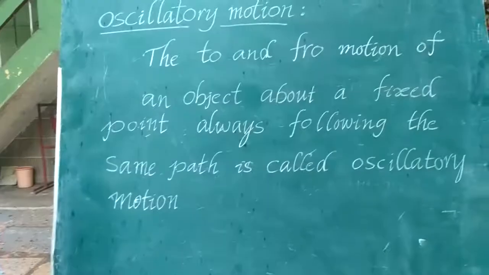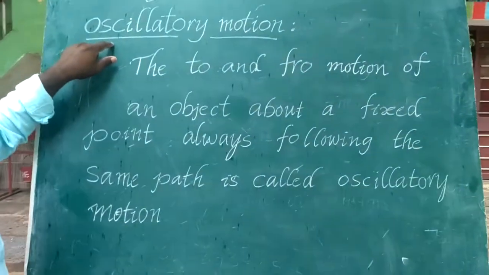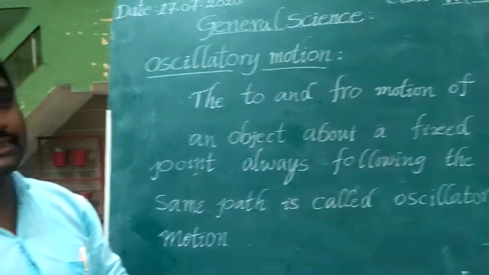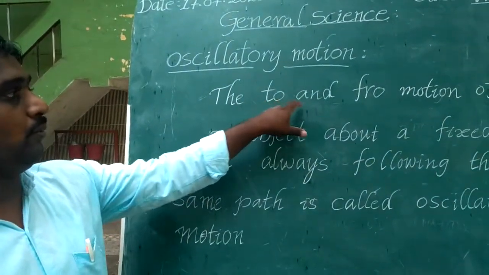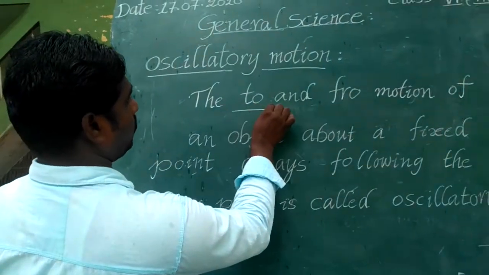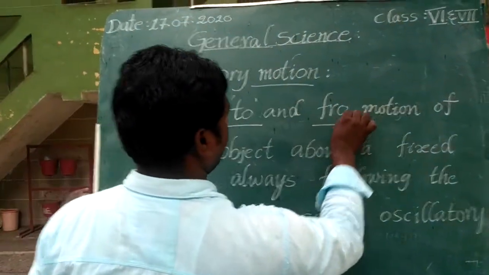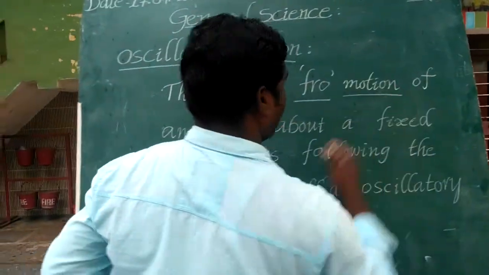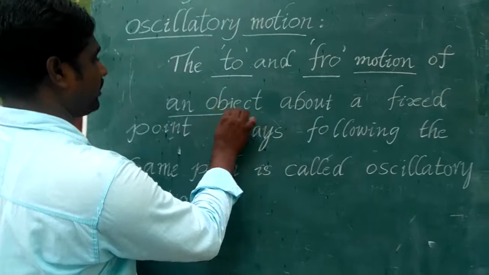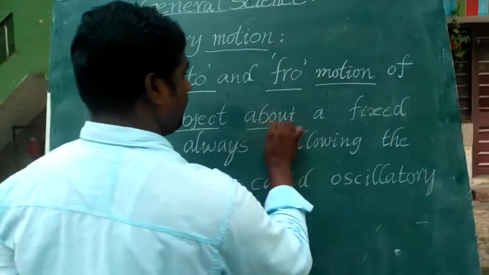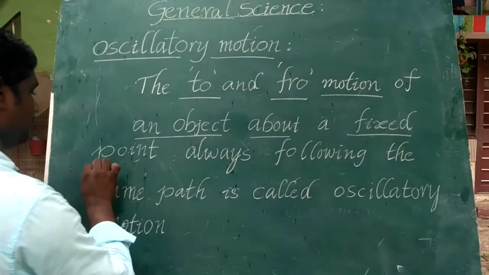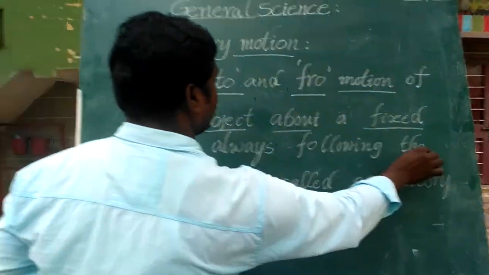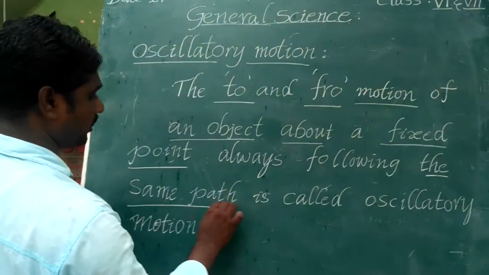Okay, students, what is oscillatory motion? Oscillatory motion is defined as the to and fro motion of an object about a fixed point, always following the same path.